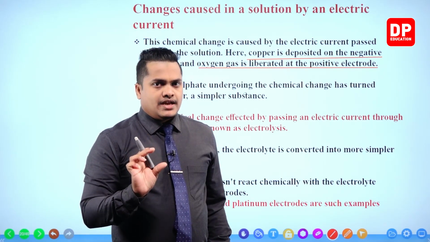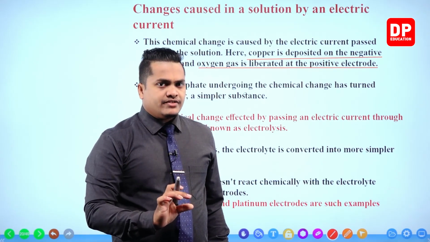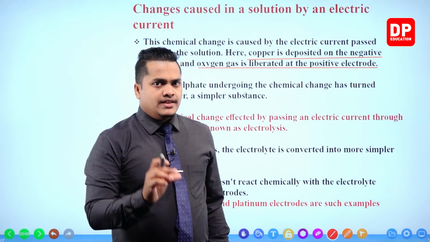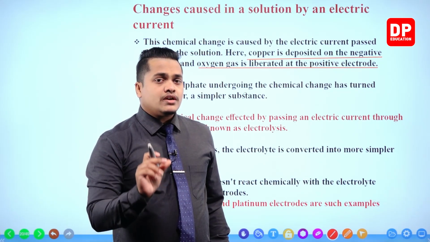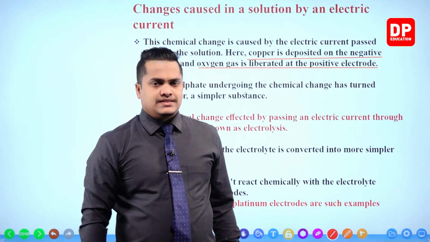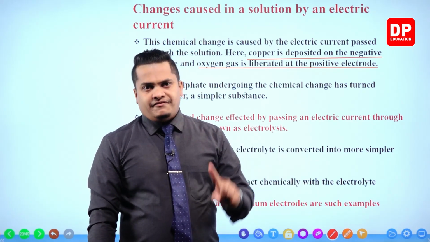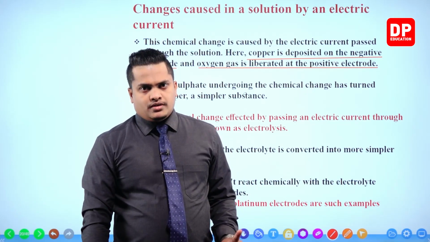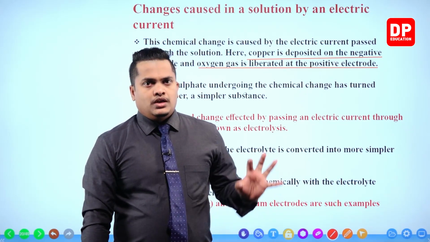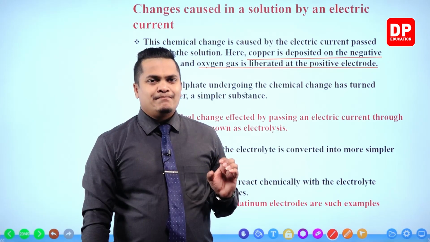Here we can say that when giving electricity to an electrolyte, the electrolyte is getting converted into very simple substances. Earlier, copper sulfate was a compound, but now copper is a simple solid.